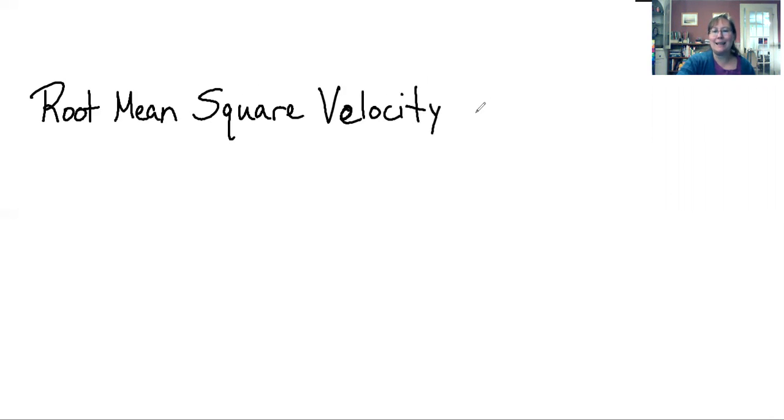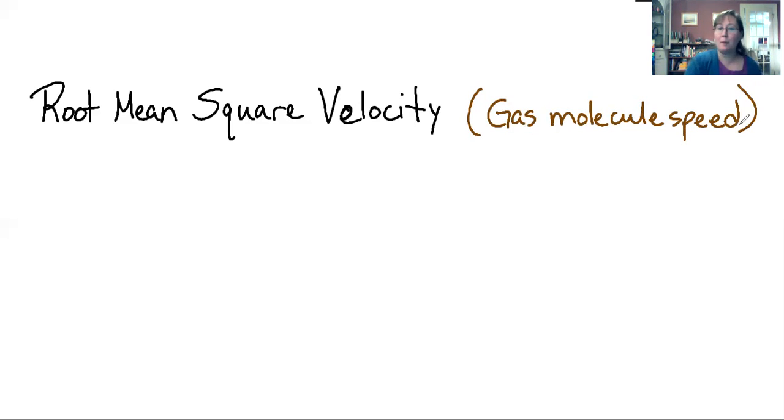Now, it's not exactly the same thing, but we can basically think of this as gas molecule speed. Now, I know that speed and velocity are not the same thing, and you probably know that too. But this is a good way of thinking how fast the gas molecules are moving.